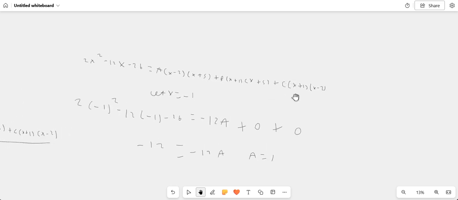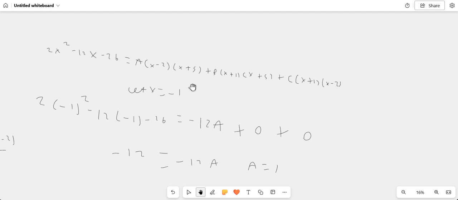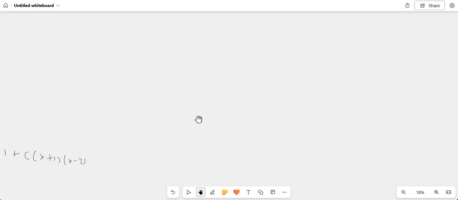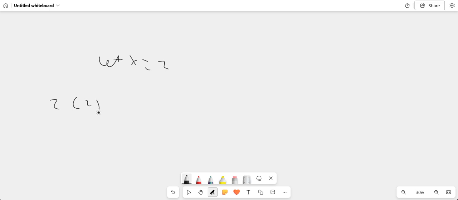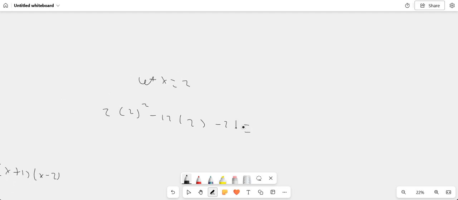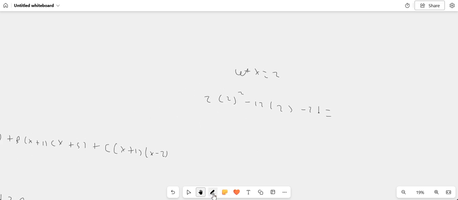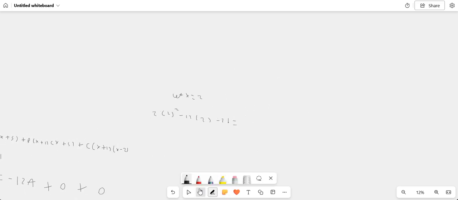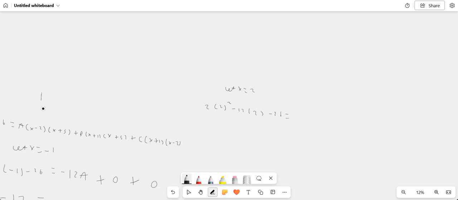Alright, cool. And now we gotta eliminate the ones with the x minus 2 bracket. So we gotta let x equal 2 here. So let x equal 2. On the left-hand side, we've got 2 open bracket 2 squared minus 12 open bracket 2 minus 26 is equal to, because the first one had x minus 2 bracket, it's going to become 0, yeah? As you see there.